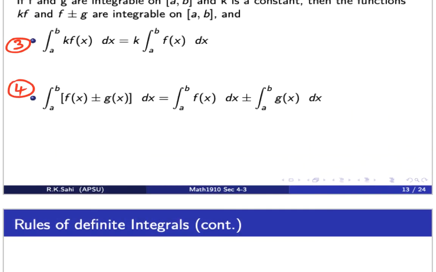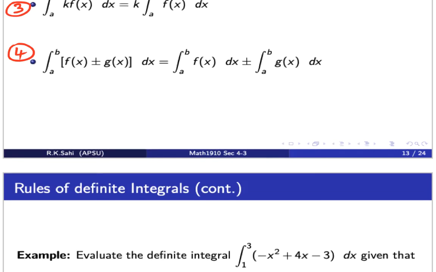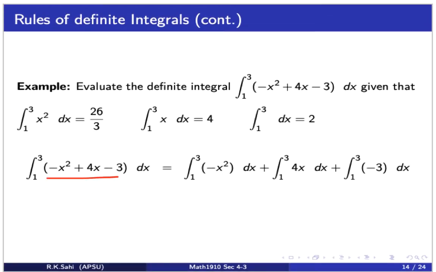Basically, we're going to separate all these three different functions. So we're going to do the integral from 1 to 3 of minus x squared dx plus the integral from 1 to 3 of 4x dx plus the integral from 1 to 3 of minus 3 dx. So what we have done here is we have applied property, or rule, number 3, because we're talking rules here.